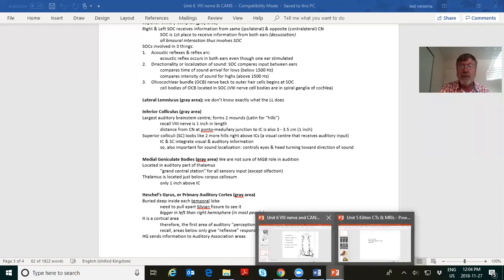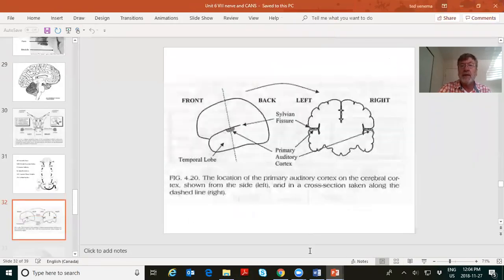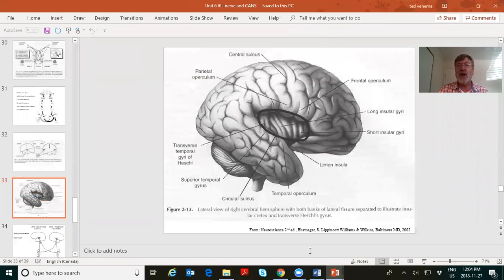So we'll go to share screen here again, and we'll look at our PowerPoint. Okay, there's a side view of the brain. You're looking at one hemisphere: frontal lobe, parietal lobe, occipital lobe, temporal lobe.